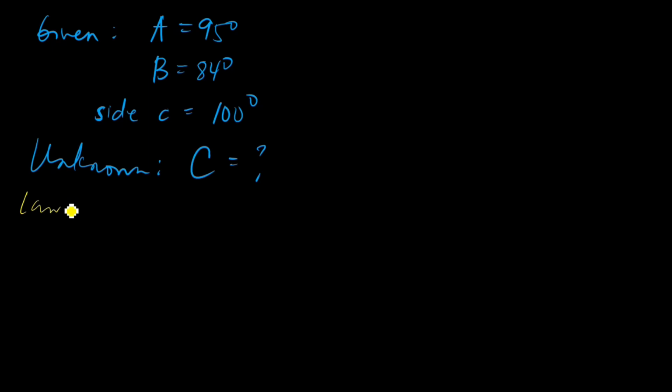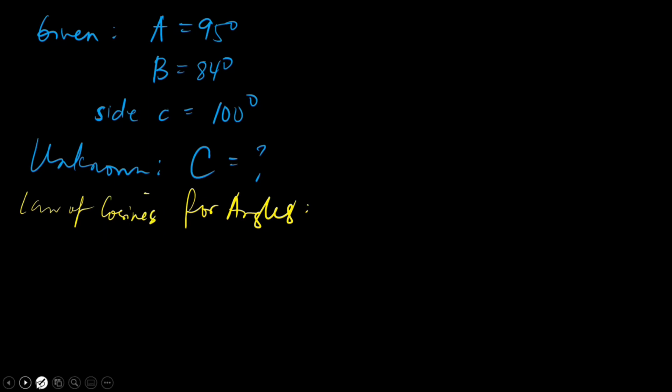So for the law of cosines for angles, let us just write it here. We have big A, big B, then we have small c, big C. So automatically, since we have small c and big C here, then the two angles, the big C should be on the left side.